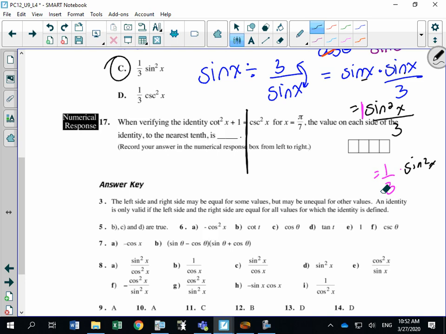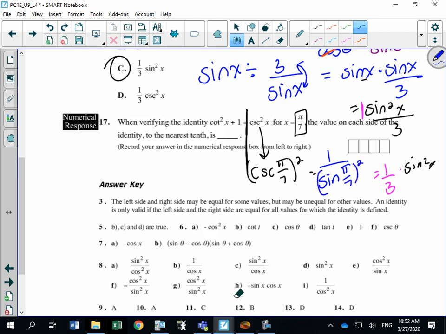Okay, so if I was to plug it on the side here, what they want us to check is what is the cosecant of pi over 7 squared. Cosecant is the reciprocal of sine. So 1 over the sine of pi over 7 squared.